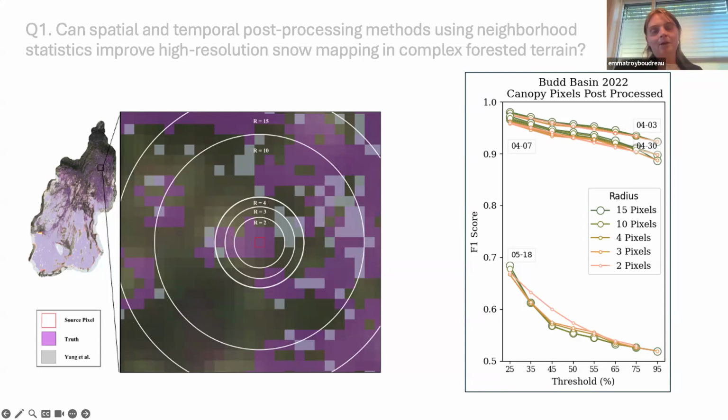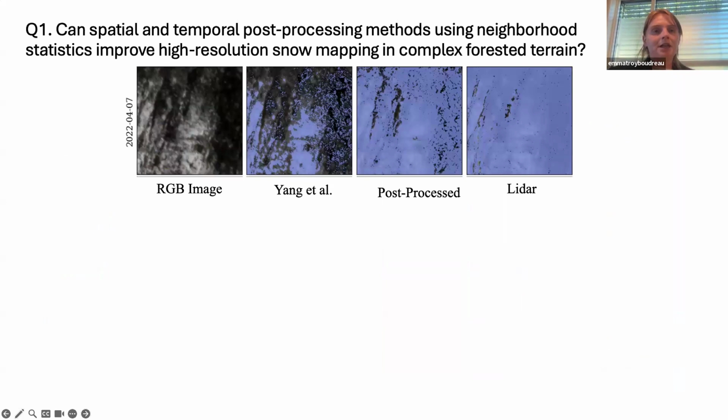And so we used a radius of 3 moving forward, which also matched up with Yang et al.'s results, saying that in medium-sized forest gaps the model performs well, and 3 pixels was the smaller end of that medium range. And so question 1, can this post-processing improve our maps? As you can see here, we'll go from left to right.